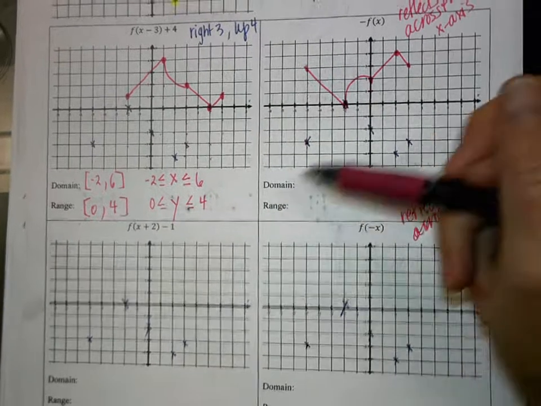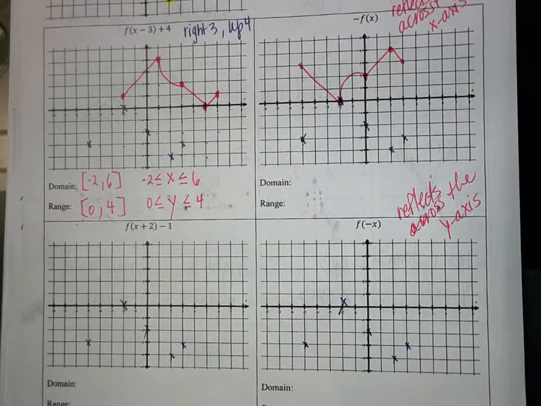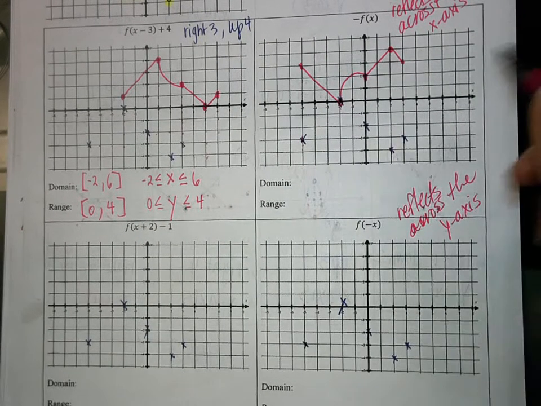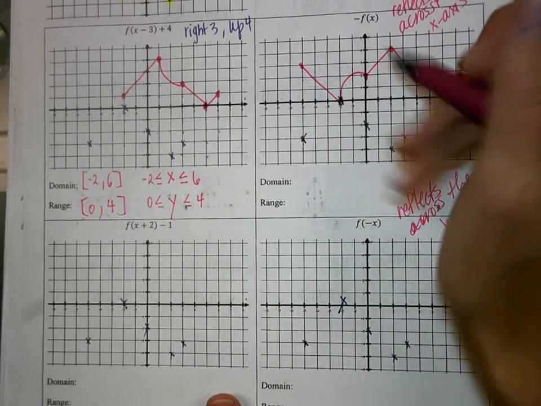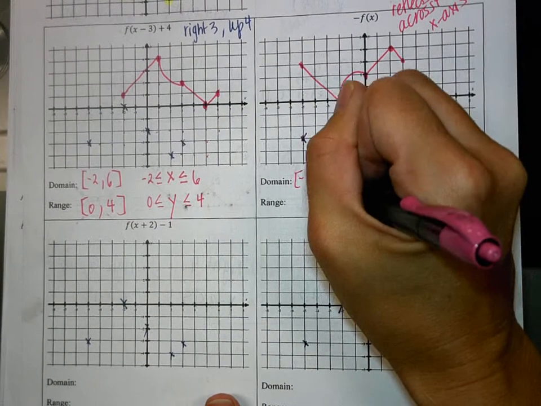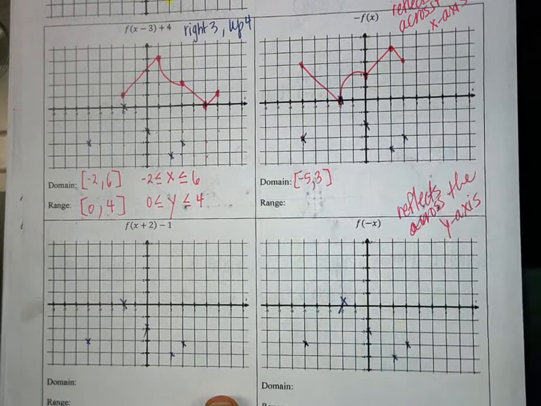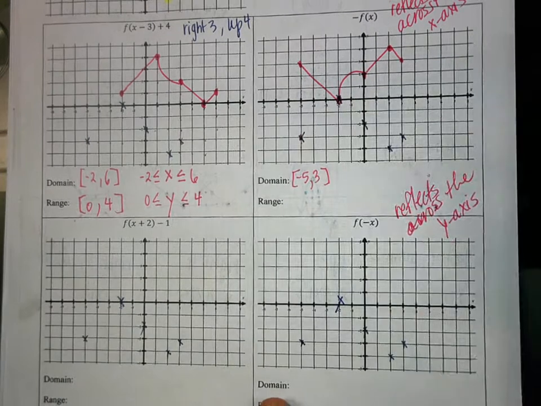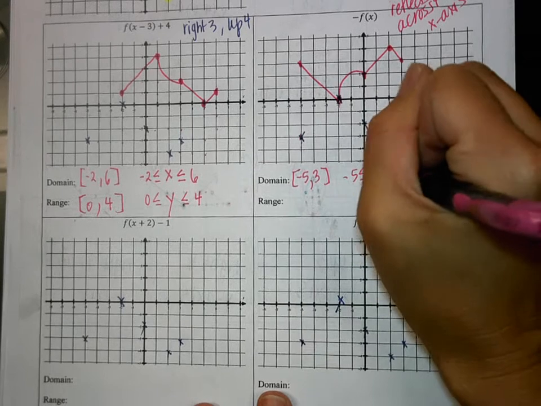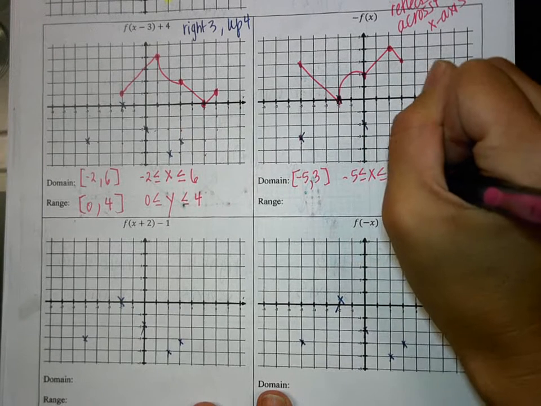Okay. What is the domain on this one? -5 to 3. And in inequality notation? Perfect. Good job.